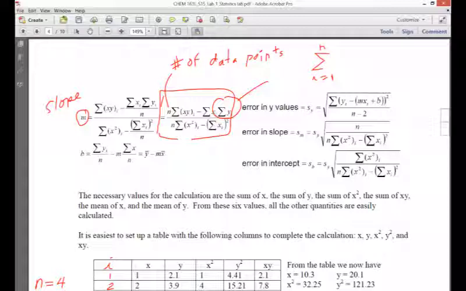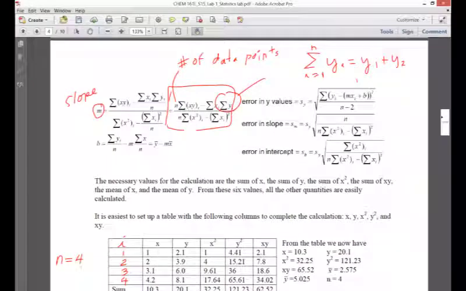For this example this would just be the sum of all of the y values. So you'd have y1 plus y2 plus y3, and so forth.